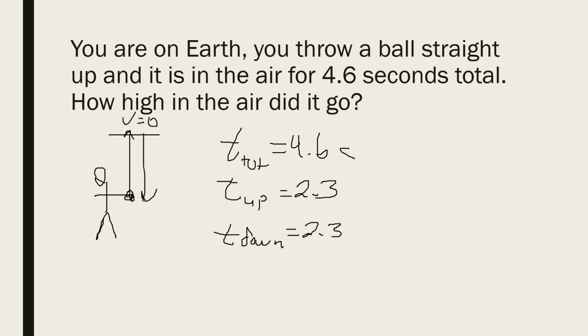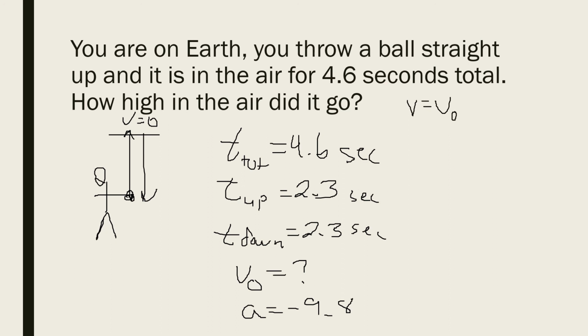Unfortunately, this time I do need to get the V naught. So my V naught is something I'm going to have to solve for. I know my A is negative 9.8. And we know that the top of the path of V is 0. So let's do this. I think we're old hands at this now. V equals V naught plus AT. 0 equals V naught plus negative 9.8 times T. And of course, we've got to use T up.